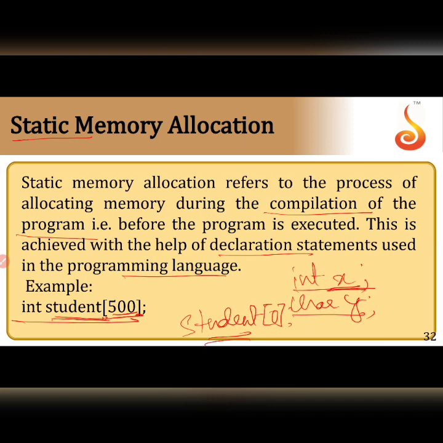Getting it? So this is static memory allocation, which happens during the compilation of the program, before the execution. And how do I achieve it? With the help of declaration statements. I would declare variables, then depending on the data type, that many bytes of memory would be allocated. Please have a look.